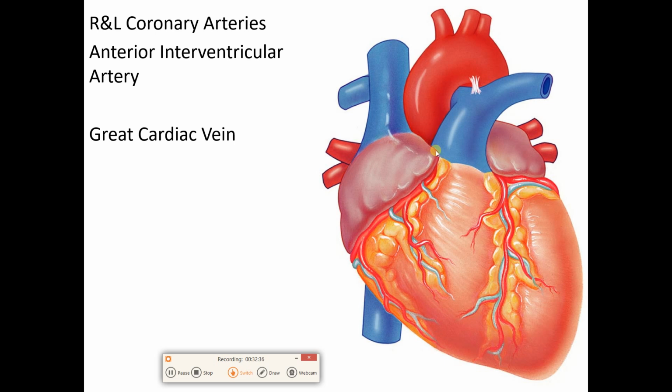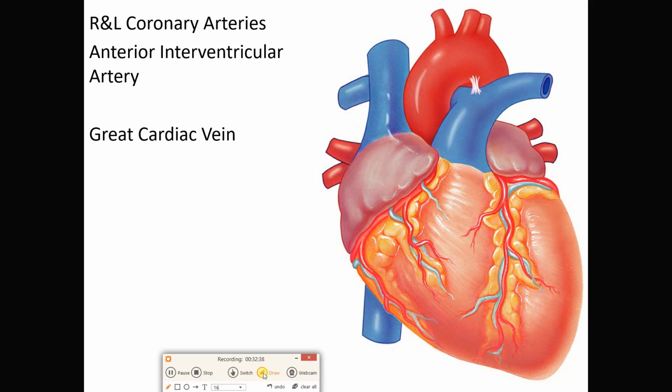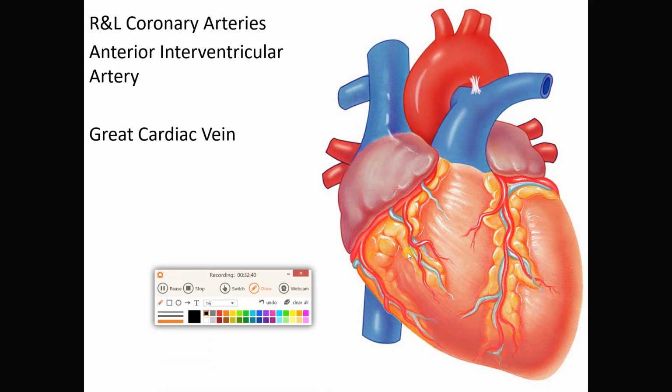Coming off the ascending aorta are a pair of arteries. There is a right and there is a left coronary artery. Let's put it right there. There we go. The right and left coronary arteries are basically going to feed the right and left sides of the heart, more or less.